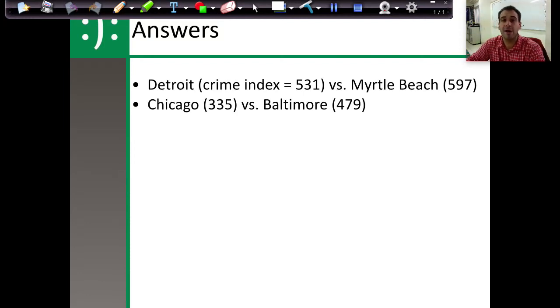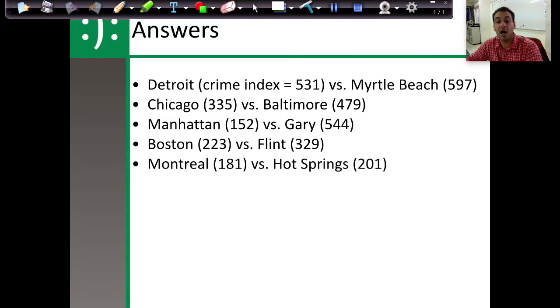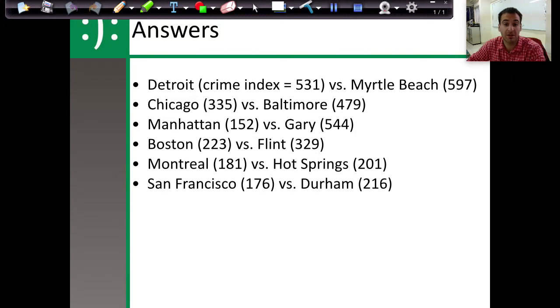Baltimore has more crime than Chicago. Gary, Indiana has four times as much crime as Manhattan. Go figure. Flint has more crime than Boston. Flint is a tiny little city, but it's a really dangerous little city. Hot Springs versus Montreal.